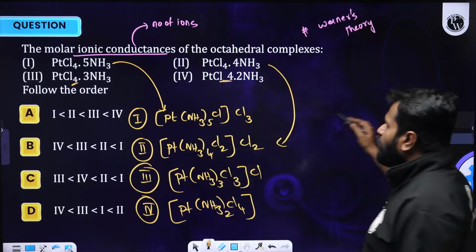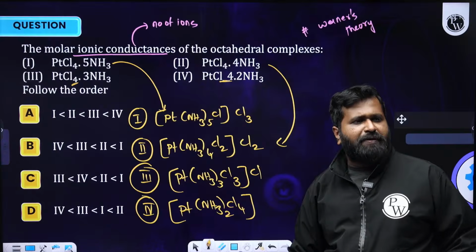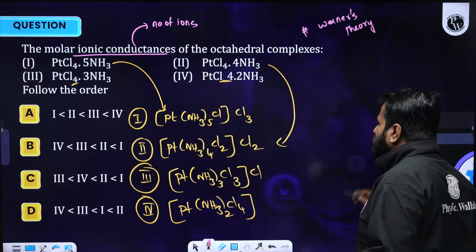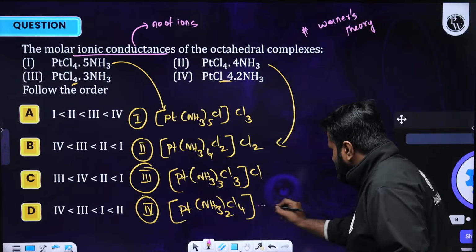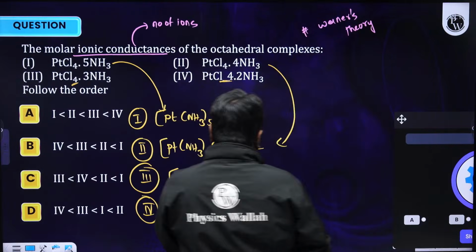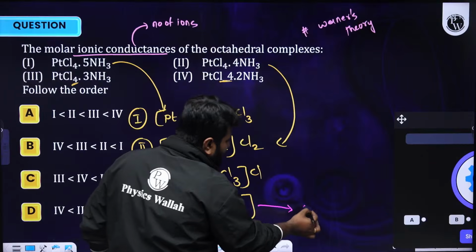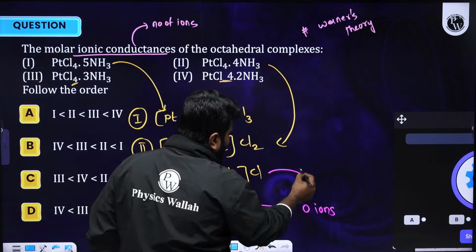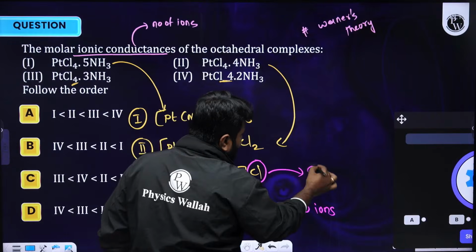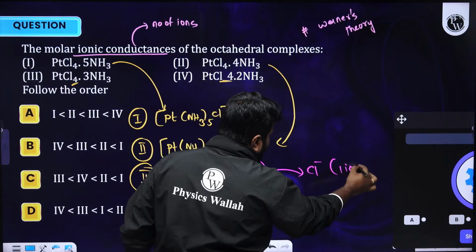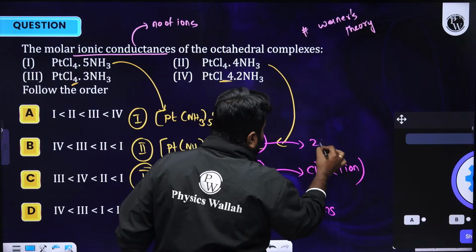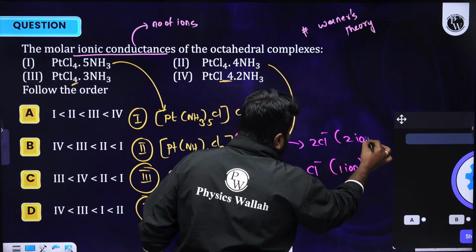Now, we know very well ionic conductance depends on number of ions, right? So calculate the number of ions. If this gets dissociated, any ions will come out? No. Actually, we will be getting 0 ions. If this dissociates, this Cl will come as Cl minus. So 1 ion. If this gets dissociated, Cl2 will come out as 2 Cl minus, 2 ions.